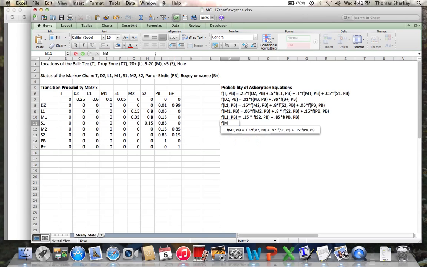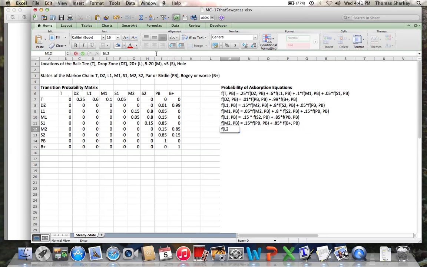We can now look at F of M2, PB. Well, 15% of the time I end up in the PB state, so I multiply 0.15 by F of PB, and then 85% of the time I end up in the B plus state, so I multiply 0.85 times F of B plus, PB.